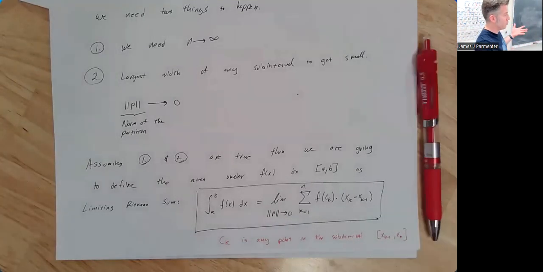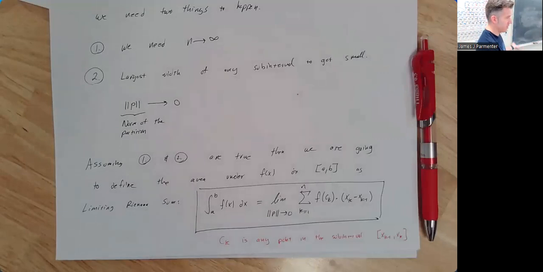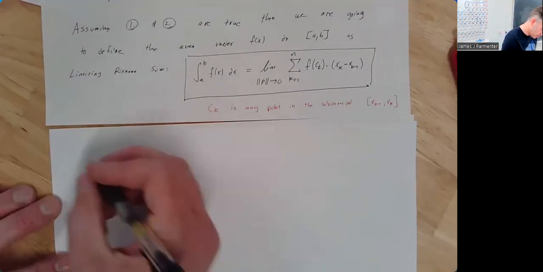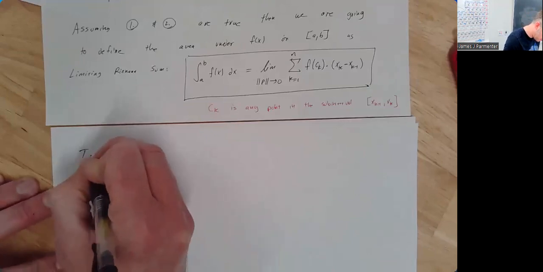So even though we typically define the area under the curve this way, we then usually like to say, well, even though you can pick any point you want over your subinterval, we're going to usually pick the right endpoint and make our subintervals a regular partition so that we don't have this terrible calculation.